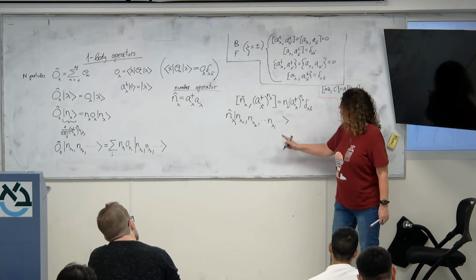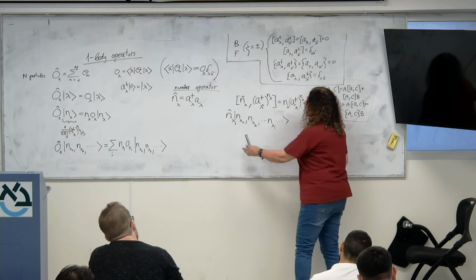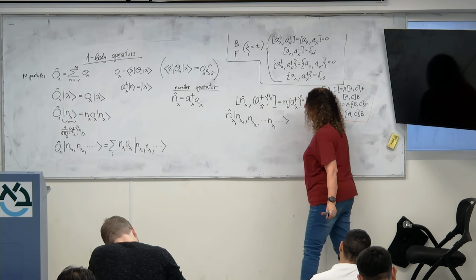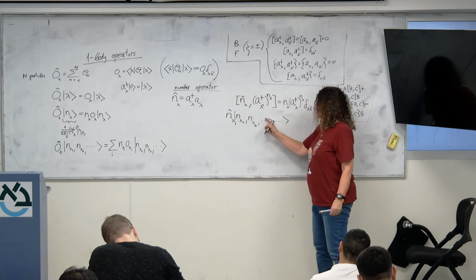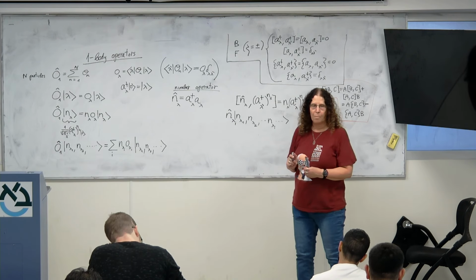Now the index i is some particular λ, and this is the number operator for the state λ_i, but I have also some finite occupation of all other states.